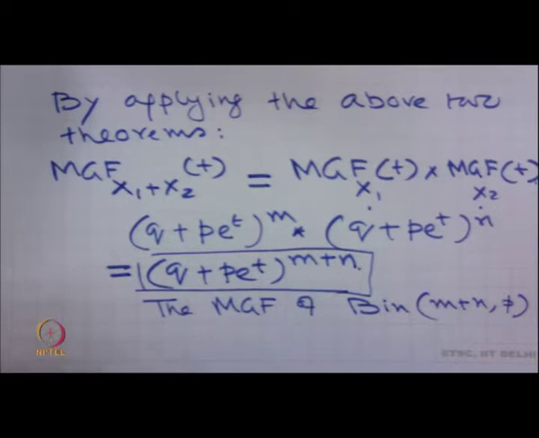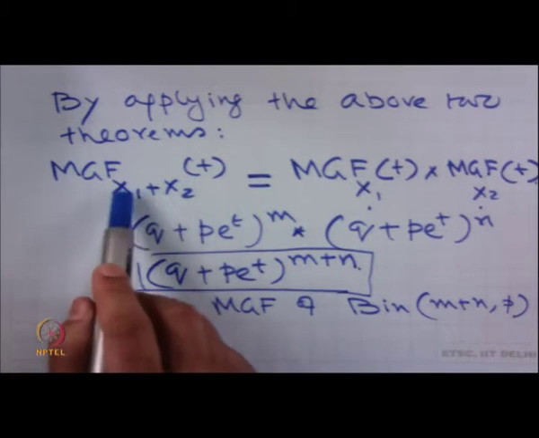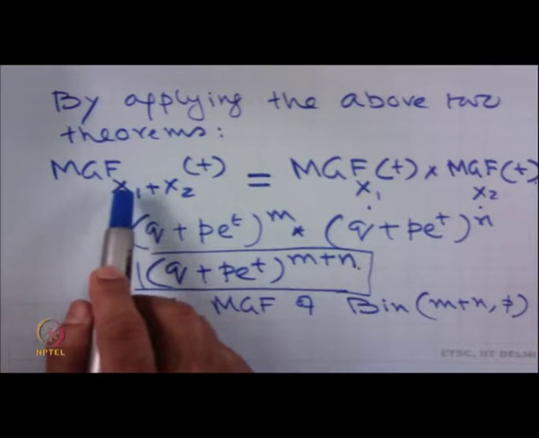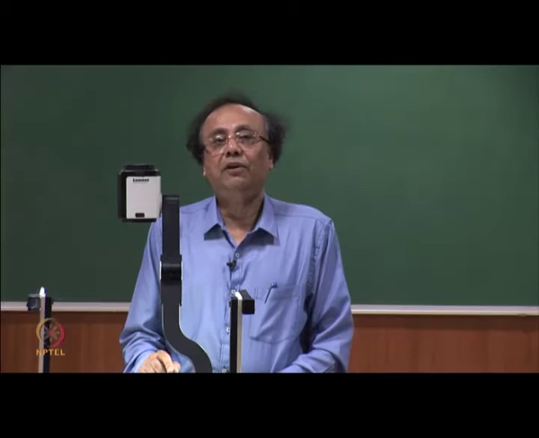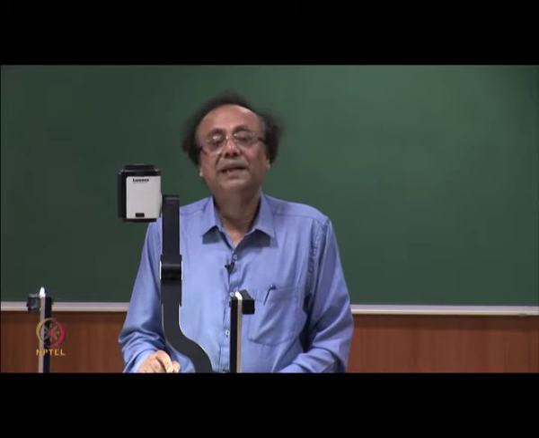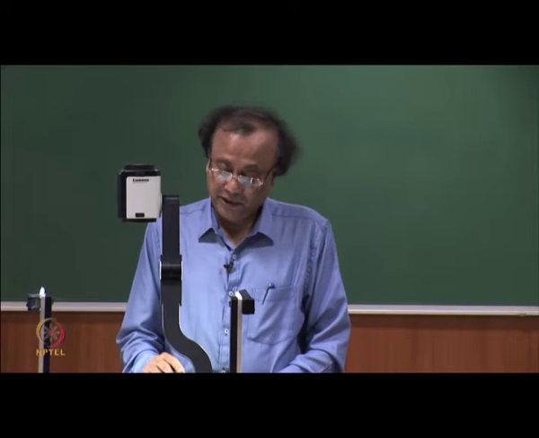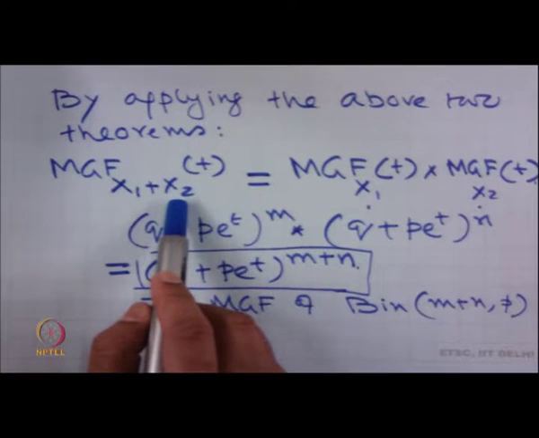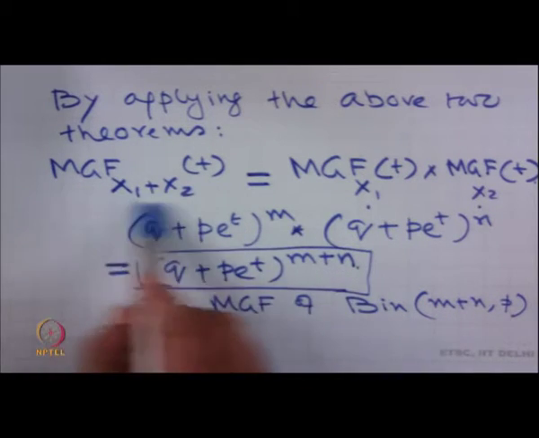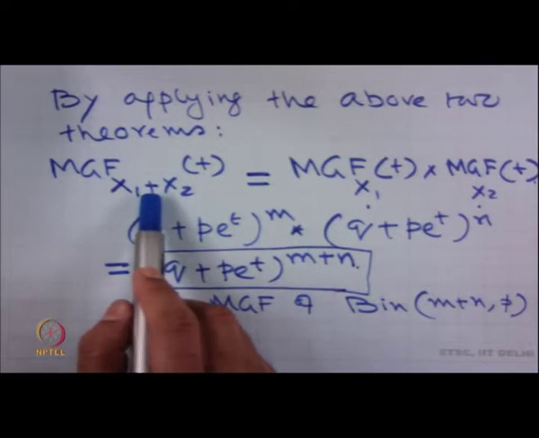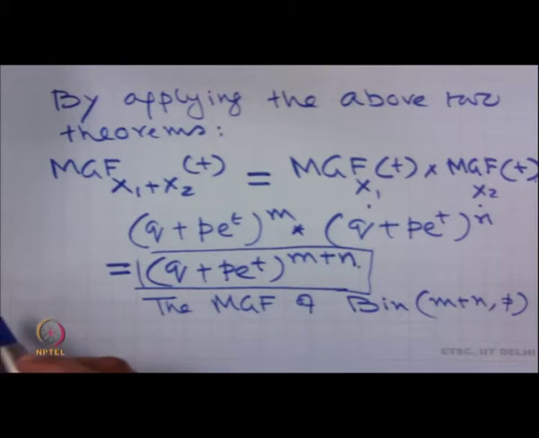So, from here also we can prove that if X1, which is a binomial random variable telling you the number of defectives in a sample m from machine M1, and X2 is the number of defectives in a sample size n from machine M2, then X1 plus X2 will have a distribution which is binomial m plus n, p.